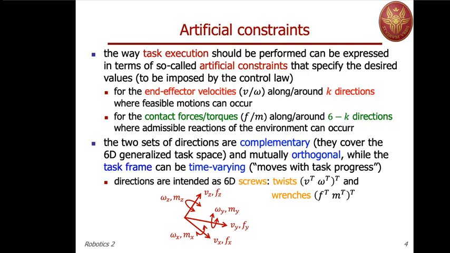These are six-dimensional vectors. So twists and wrenches are in fact particular screws, and there's a mathematics of screws connected to that. I'm mentioning this, but we will not get into the detail of this formalism. We will see that what we are doing is using twists and wrenches in a proper way.